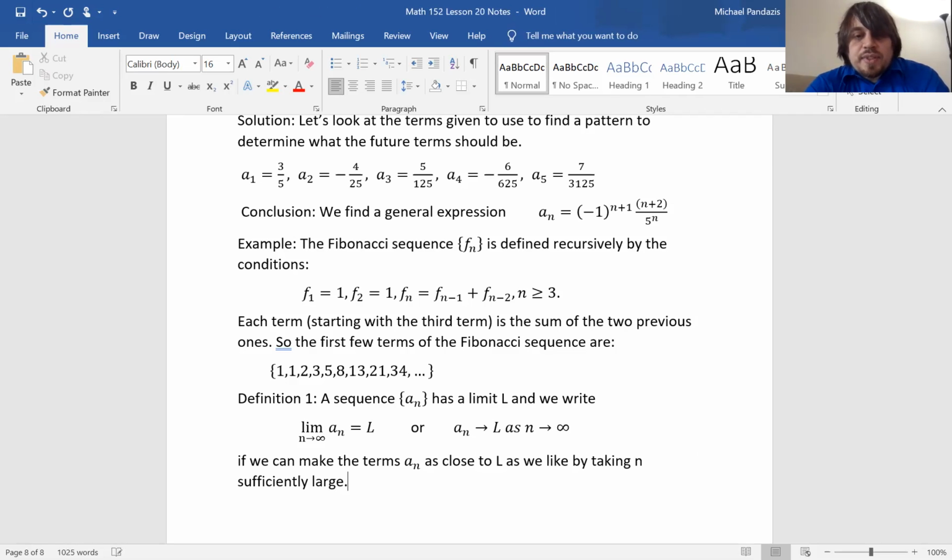That's the definition of the limit of a sequence.